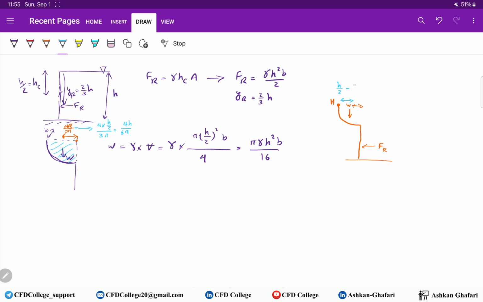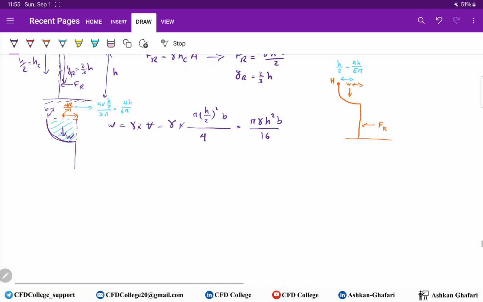So here is h over 2 minus 4h over 6 pi. Now we can solve the moment equation. The summation of moment over hinge should be 0.